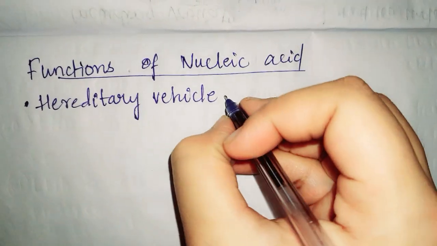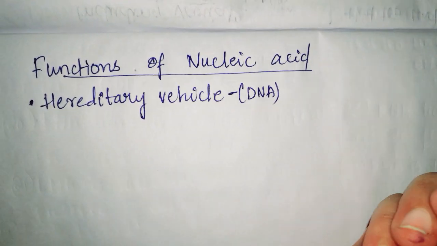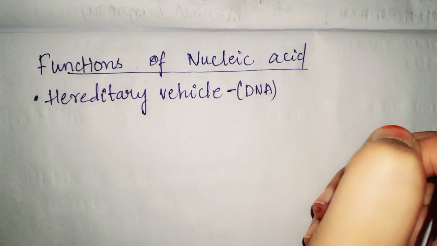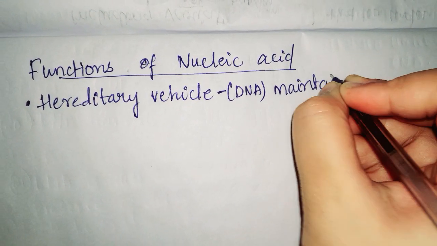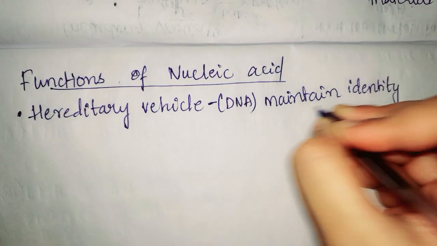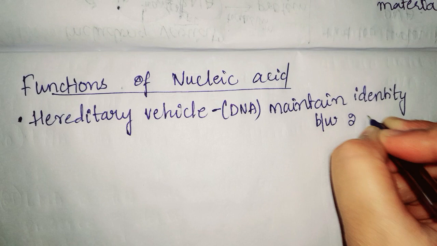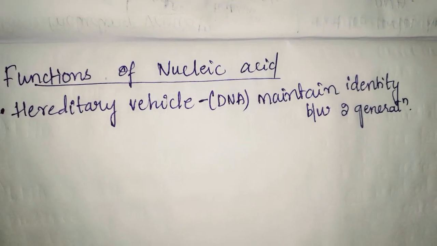So we can call DNA a hereditary material, and it maintains the identity between two generations.